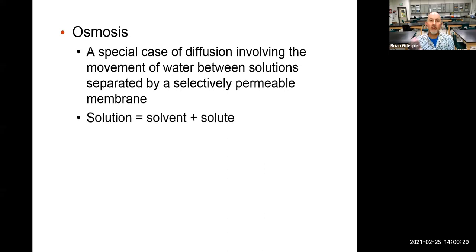All right. So just to remind you, a solution is a mixture. It is a fluid that contains both a primary liquid molecule that we refer to as the solvent, all right? And in biological systems, water is the solvent. But then any other molecules that are mixed into that liquid are referred to as solute.